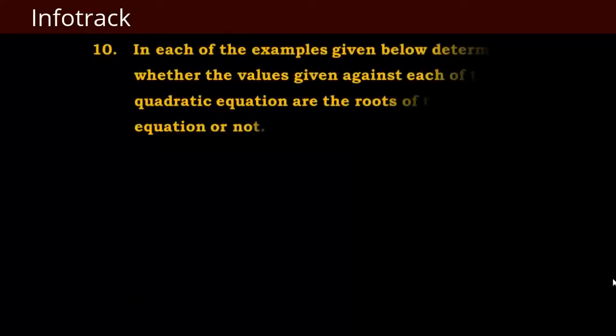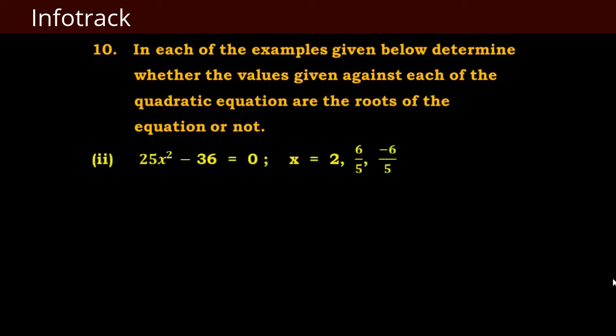In each of the examples given below, determine whether the values given against each of the quadratic equations are the roots of the equation or not. See, in that we will start with question number 2. 25x square minus 36 equals 0. And the values of x given are 2, 6 upon 5 and minus 6 upon 5. So let us start with the first.